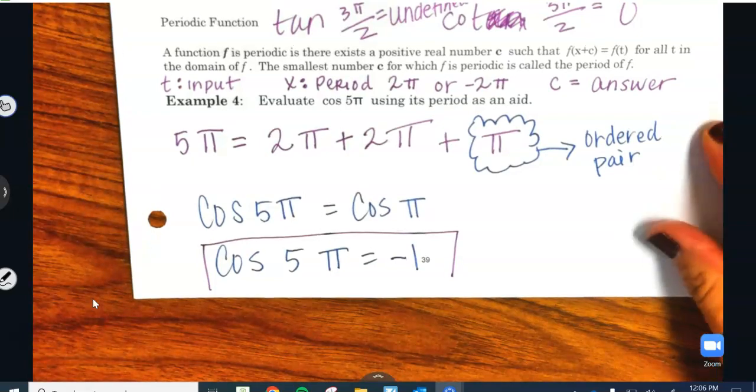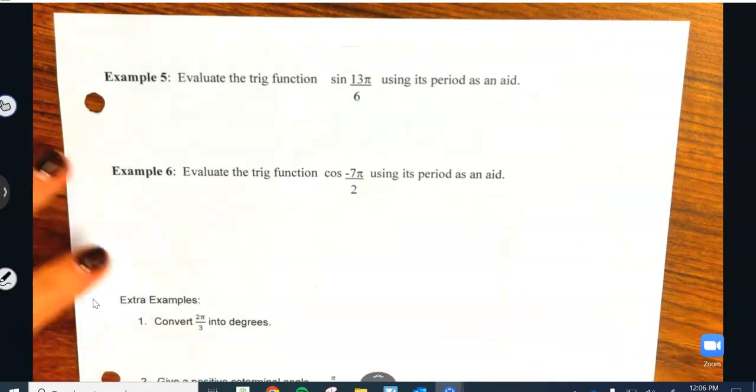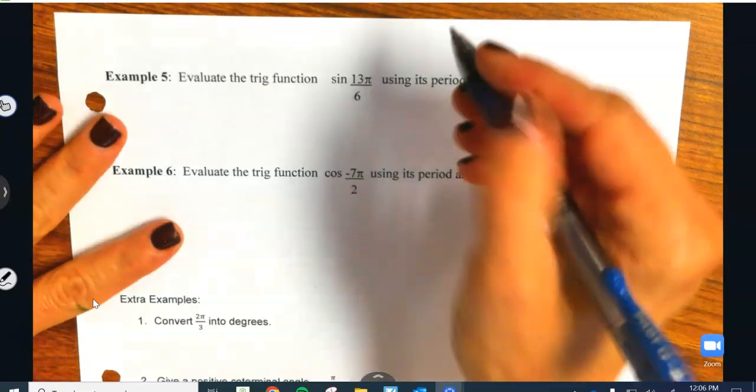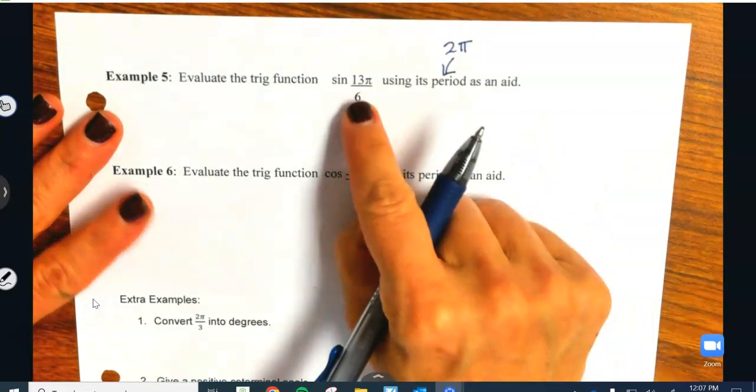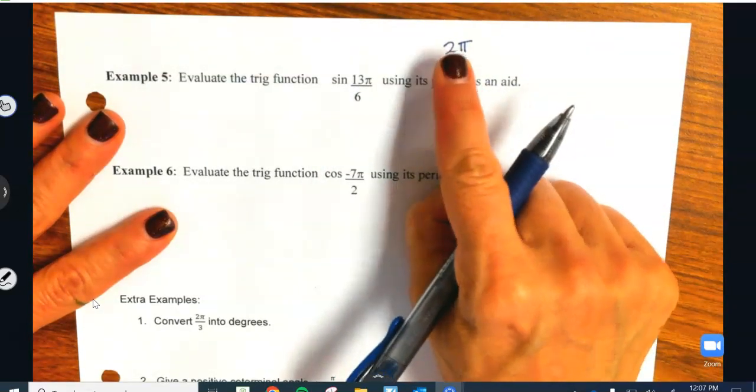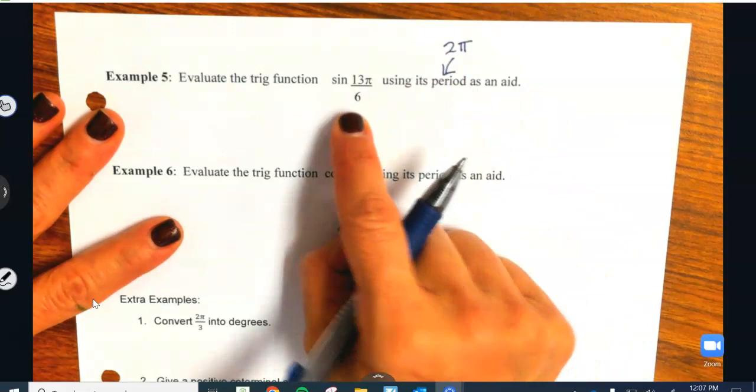Okay, let's take a look at example 5. For example 5, we're going to evaluate the trig function sine 13 pi over 6 using its period as an aid. Remember, period is a code word for 2 pi. But you have to be careful, because we're going to write 2 in terms of 6's.